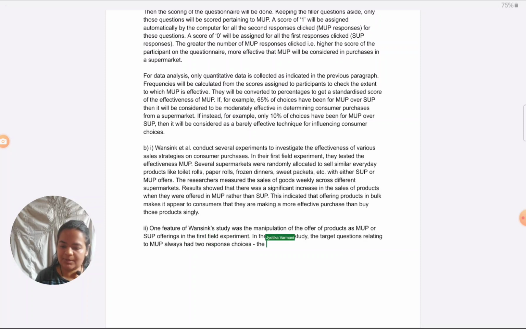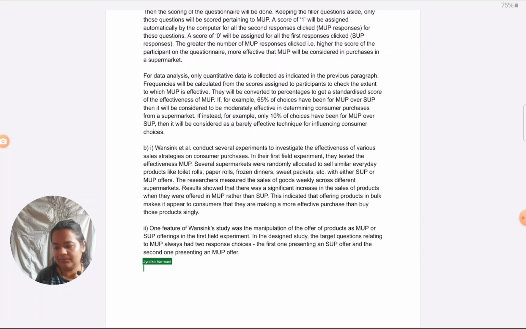The first one presenting an SUP offer, and the second one presenting an MUP offer. Okay, so that is how exactly I've used it. So that is what I need to mention.